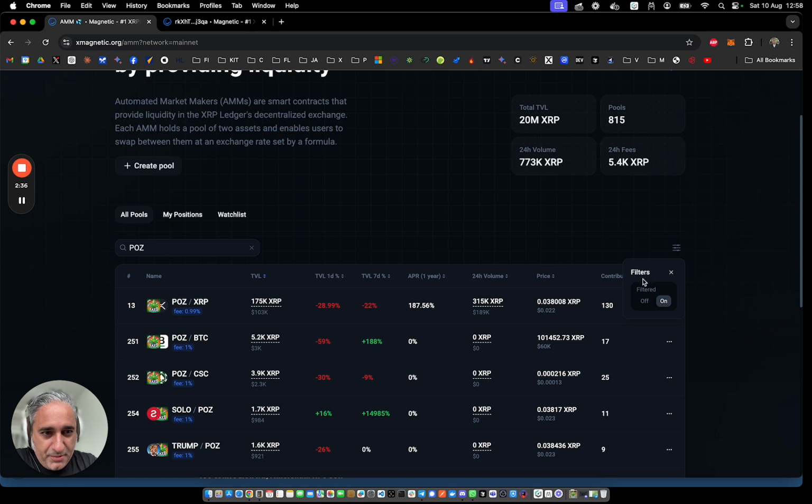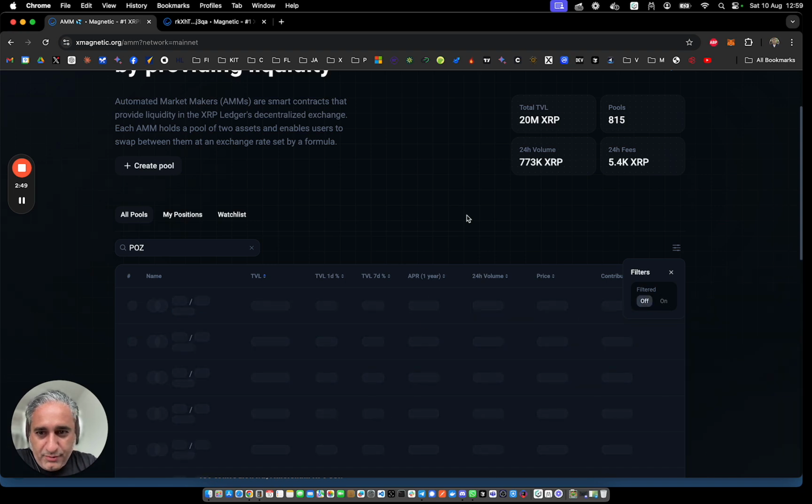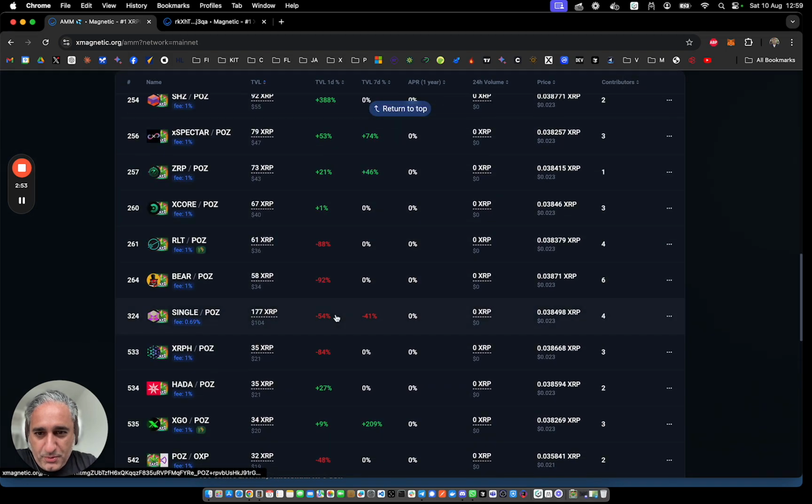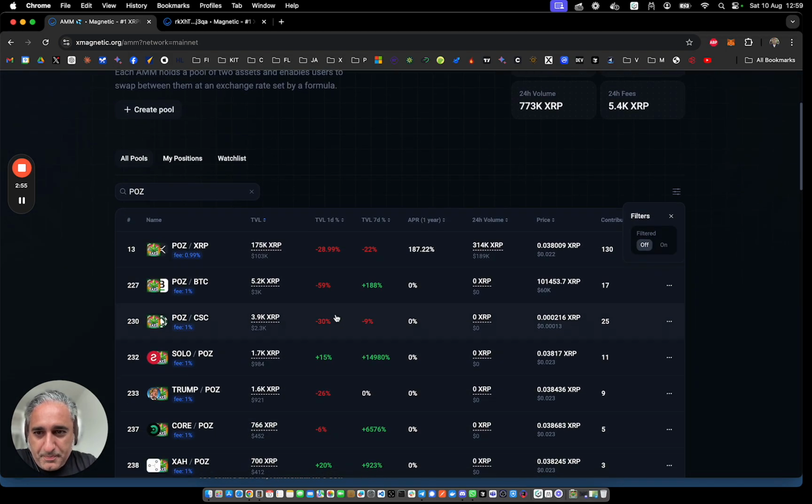I think it tells you what it's filtering on. It doesn't actually do that. But in any case, what you need to do, if you want to see all of the POS pools, there's this filter here and you want to turn that off. And then you will see a list of all of the POS pools on the XRPL AMM.